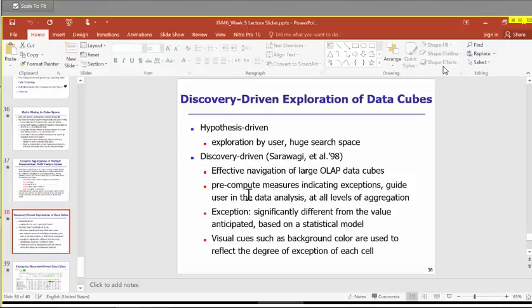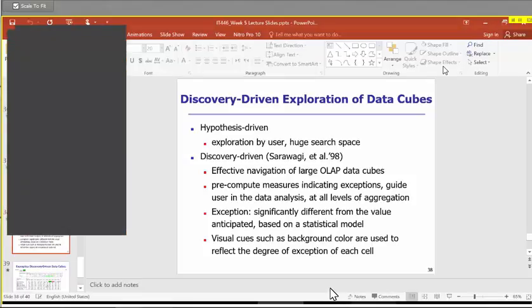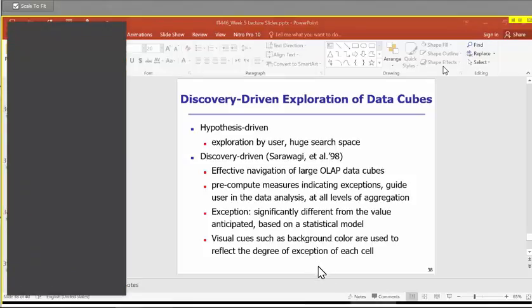First of all, we can explore the data cubes in two ways. We can have it hypothesis-driven, which is explored by the user, and a huge search space is there, so it is mostly very difficult. Then we can also use discovery-driven, where we effectively navigate through large OLAP data cubes, and we pre-compute the measures indicating the exceptions and guide the user in the data analysis at all levels of the aggregation.